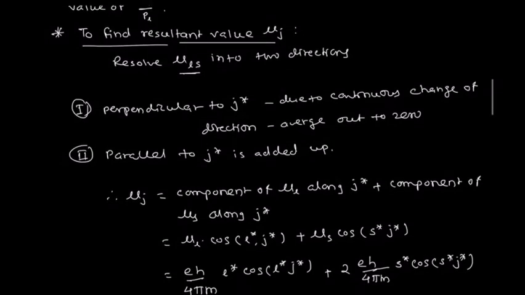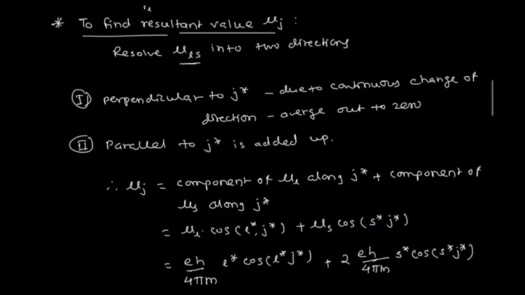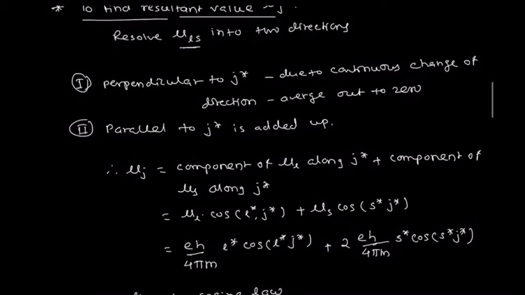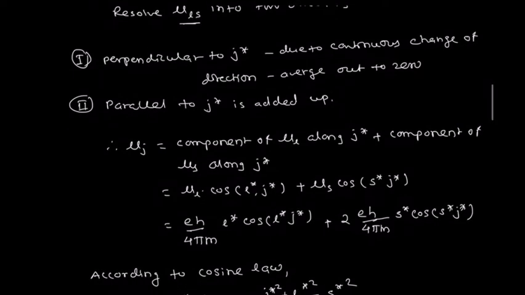Mu L and mu S, those two terms we defined earlier, we put those values directly here and rewrite the equation: e into h divided by 4 pi m, L star cos L star J star, plus twice eh divided by 4 pi m, S star cos S star J star.